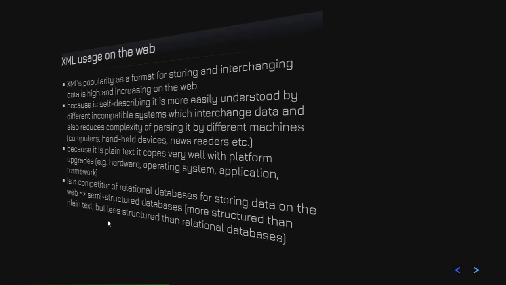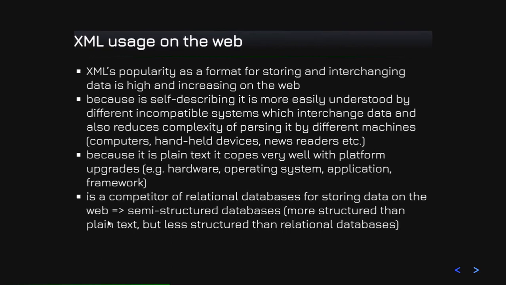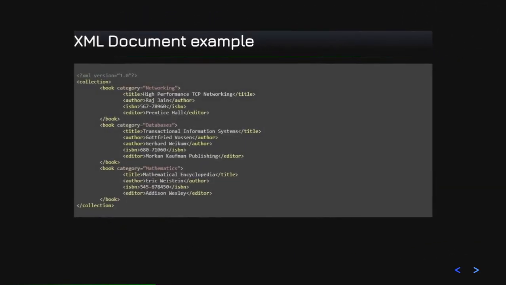Okay, I'll show you an example here. This one specifies that this is an XML document, version 1.0. You see the fact that XML is self-describing.